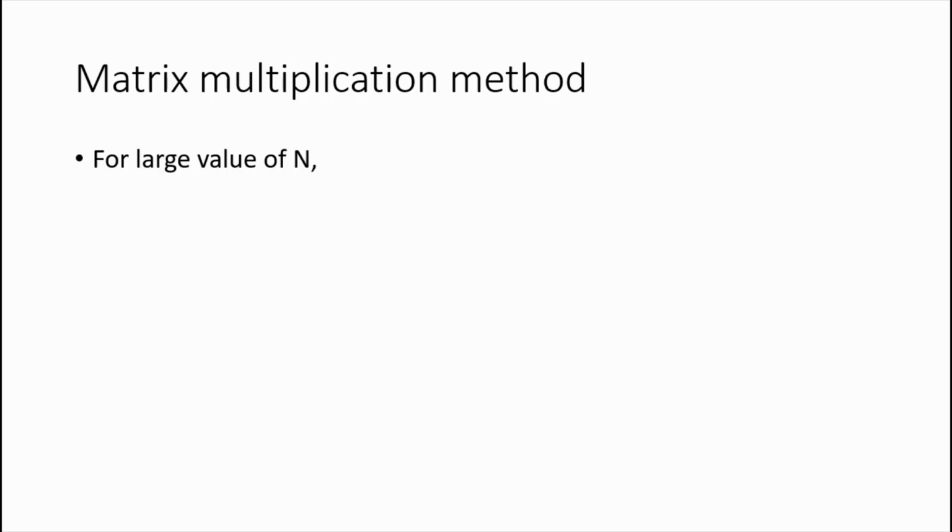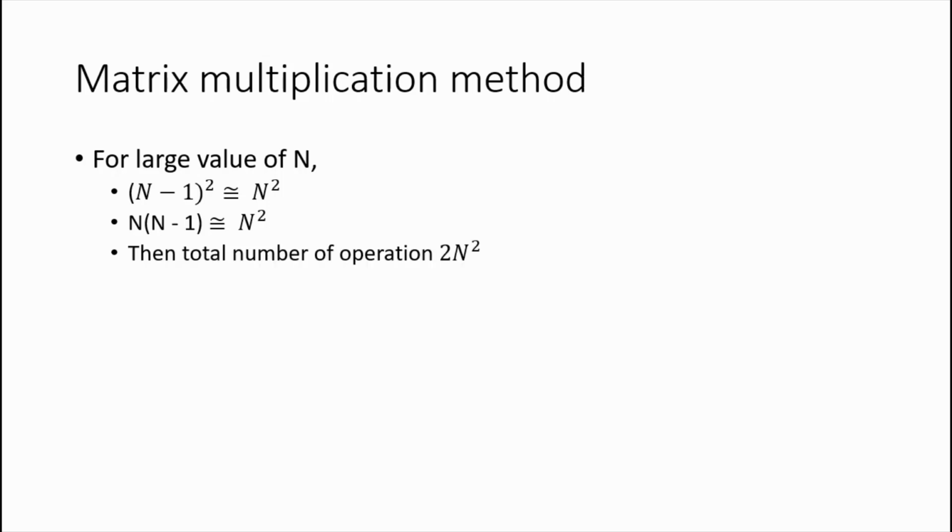For a large N, N minus 1 whole square can be written as N square, and N into N minus 1 is also written as N square. So the total number of operations, meaning addition and multiplication, is equal to 2N square.